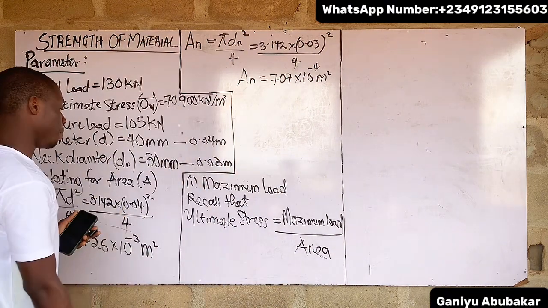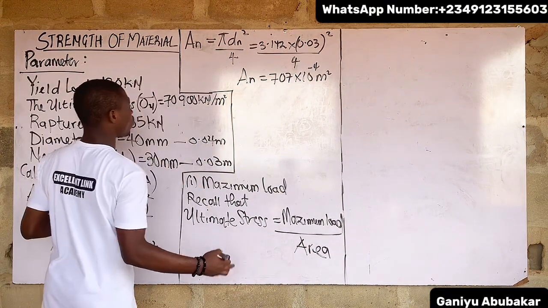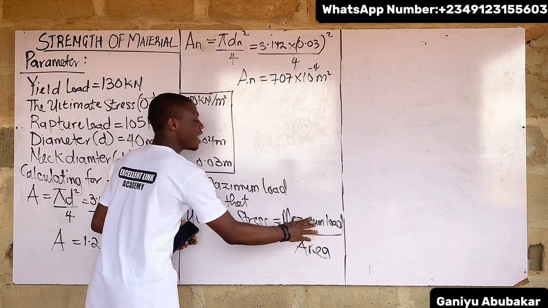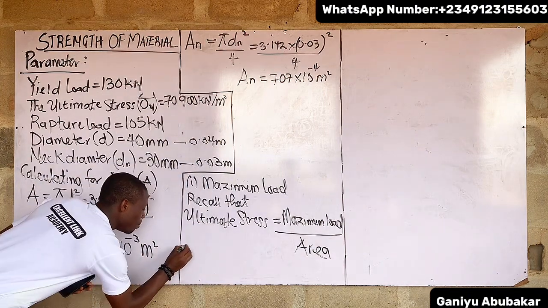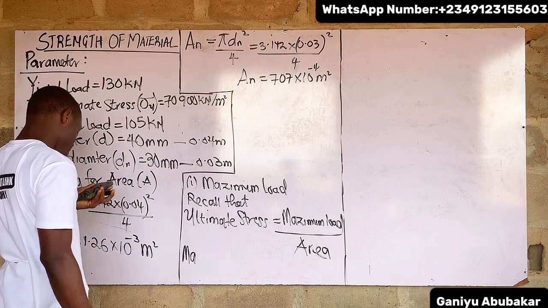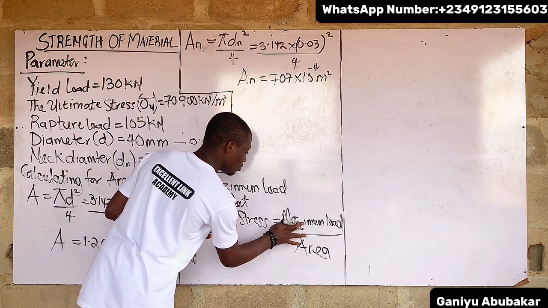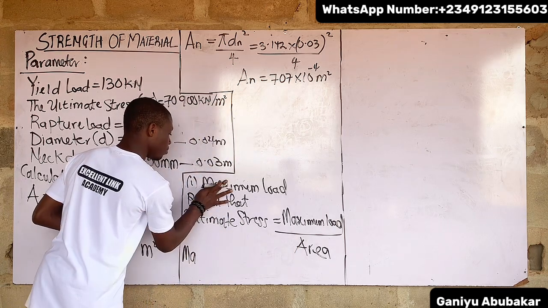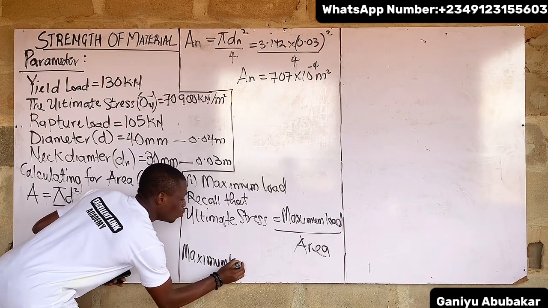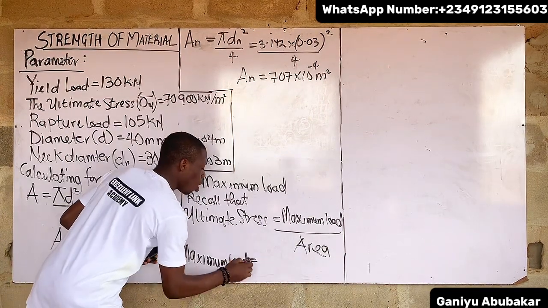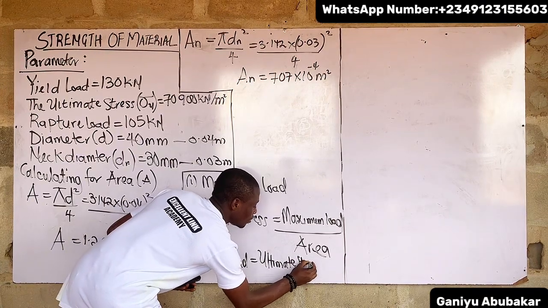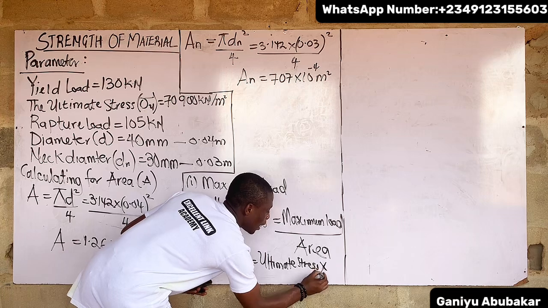This becomes your formula. Are we given ultimate stress? Of course, yes. So I'm looking for maximum load. Let's make maximum load the subject. From here, maximum load is equal to ultimate stress times area.